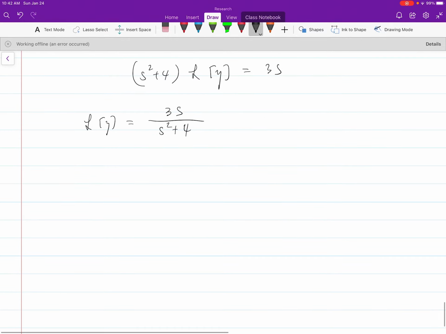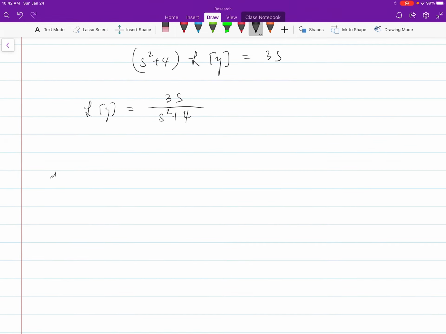Now, by the Laplace transform, we know this is going to be cosine. We can take the 3 out because we just want a clean s. And because our inverse is linear, we can have this final answer by the Laplace transform.